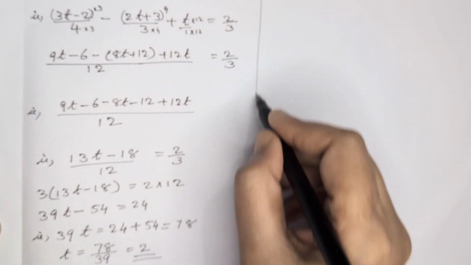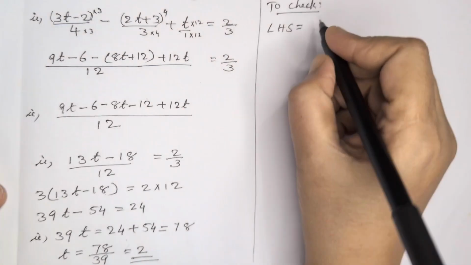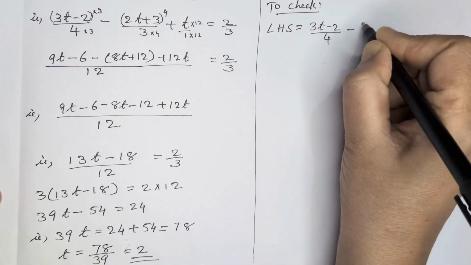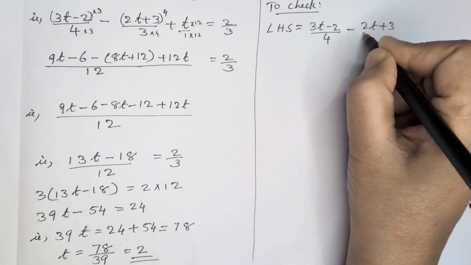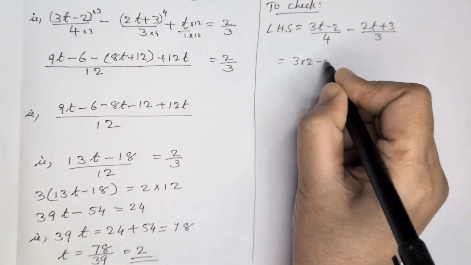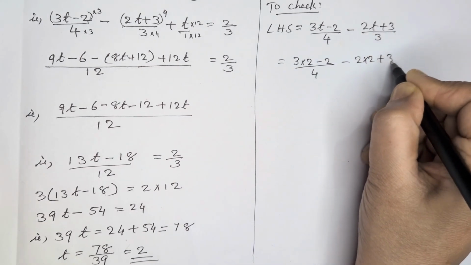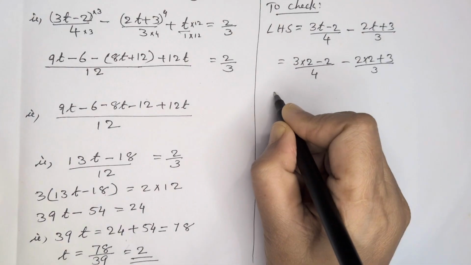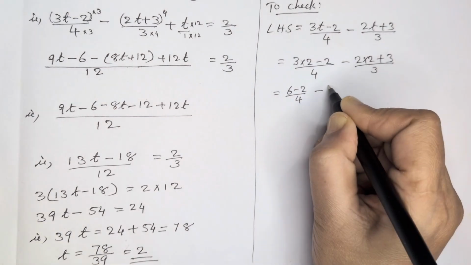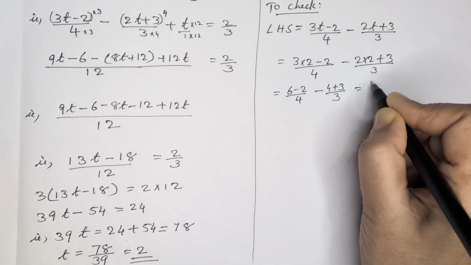Now to check, LHS is equal to (3t minus 2)/4 minus (2t plus 3)/3, which is equal to (3 into 2 minus 2)/4 minus (2 into 2 plus 3)/3, which is equal to (6 minus 2)/4 minus (4 plus 3)/3, which is equal to 6 minus 2, that is 4.